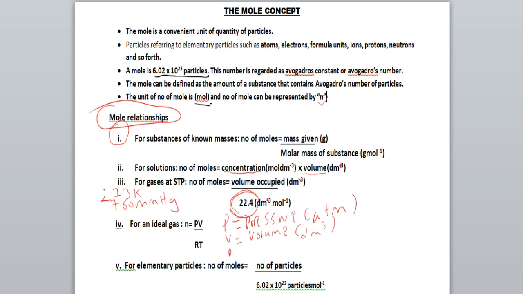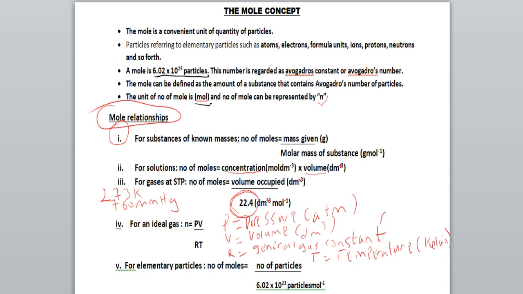Then our R is our general gas constant. Our T is our temperature. Our temperature is always measured in Kelvin.